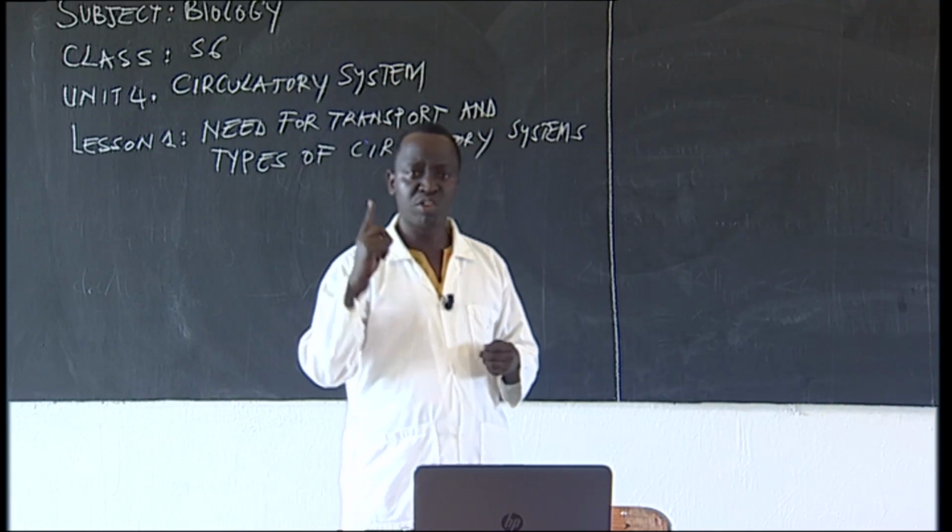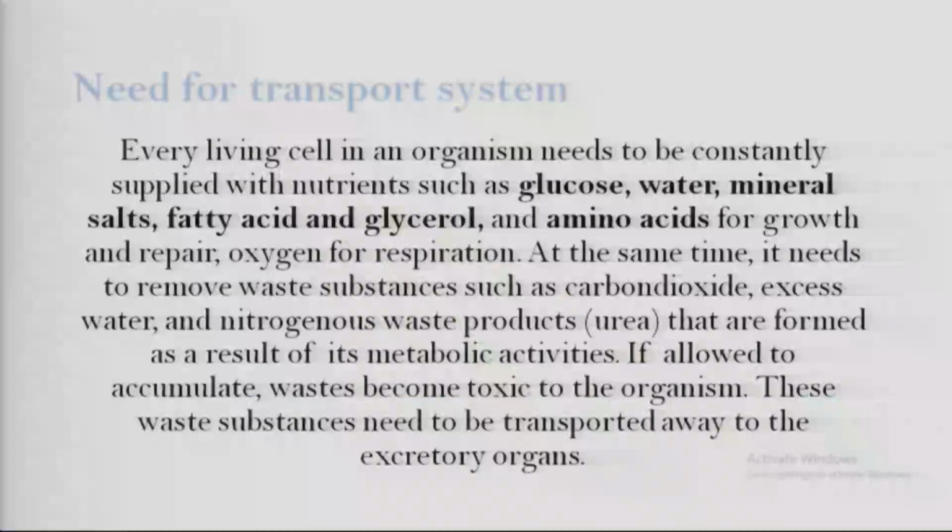So why is that transport system needed? What you have to know is that every cell in our body needs nutrients. Can you give some examples of the nutrients that our body needs?